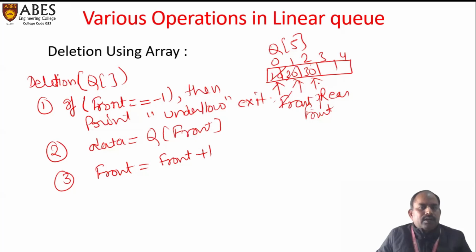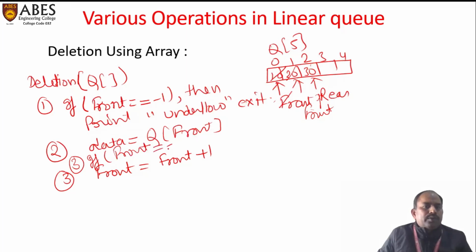So this is called a single element in the array. If this condition happens, then before moving front is equal to front plus 1, we write step 3: if front is equal to rear, then front is equal to -1 and rear is also equal to -1.